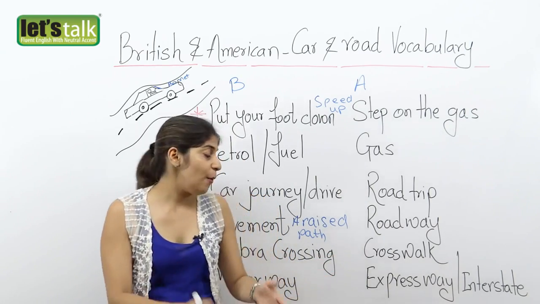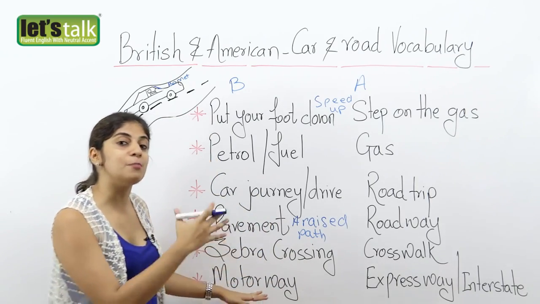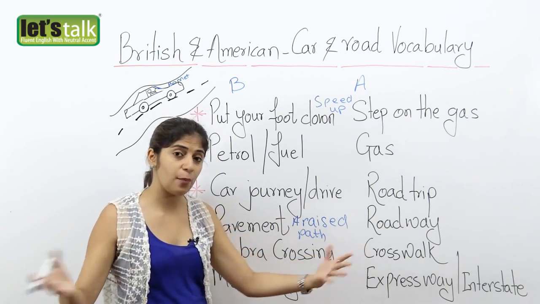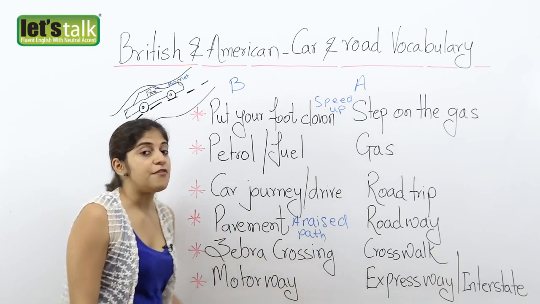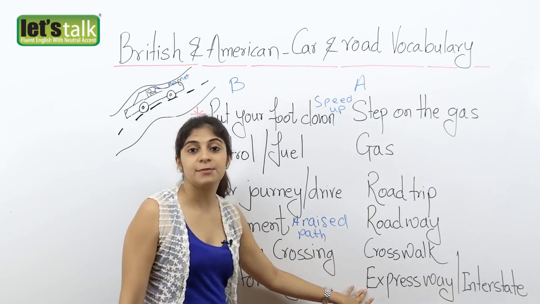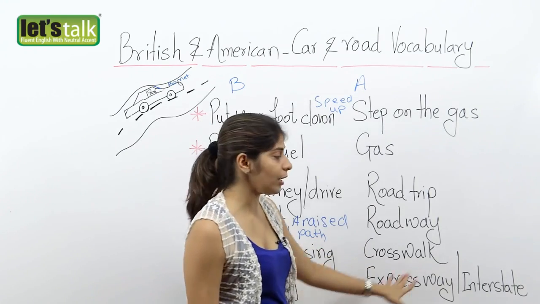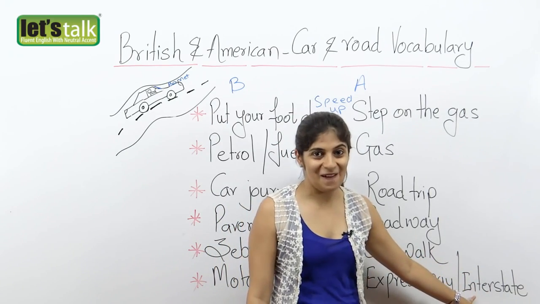So in British English, it's called motorway, the wide road with 4 or 5 lanes is a motorway, whereas in America, it's called expressway, or they also call it interstate.